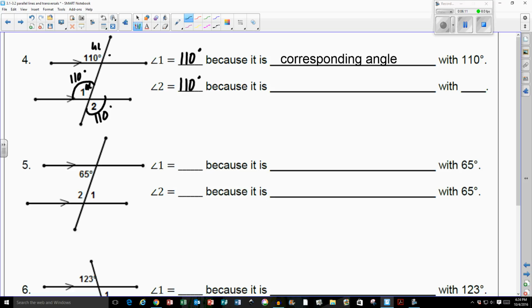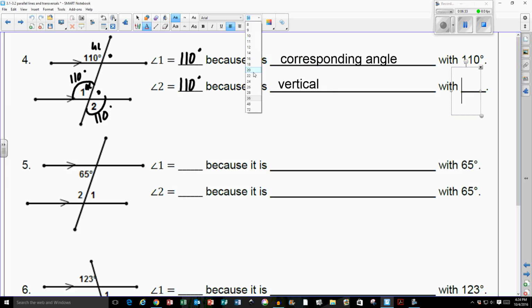So this one would be corresponding with this one because they're both in the upper left, and so on and so on, okay? So the next one here is angle 2, and we're going to say that it's vertical with angle 1.